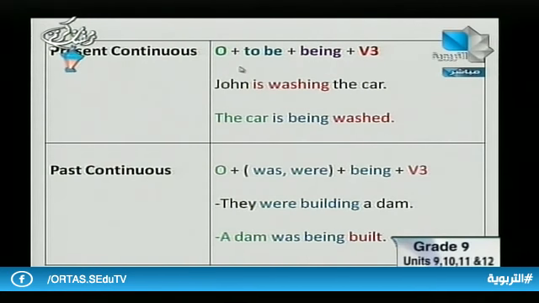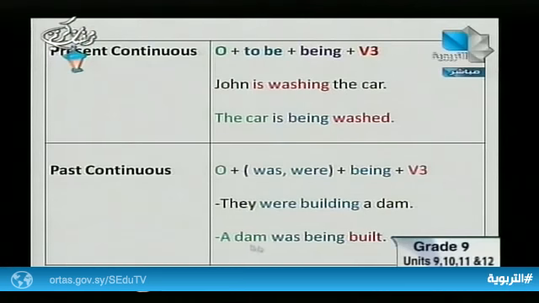In the past continuous, the same, but we use the past forms of the verb to be: object plus was or were plus being plus verb 3 or past participle. They were building a dam. A dam was being built. Yes, these are the simple tenses and the continuous tenses in the passive voice.